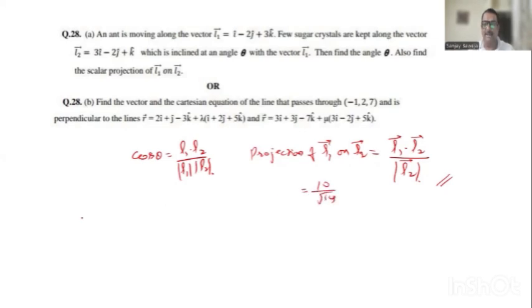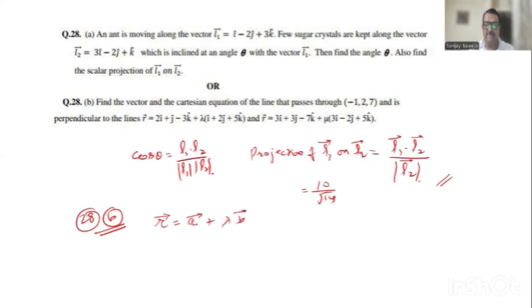Now part B, 28 part B is again a question based on competency. Vector and Cartesian equation: you have to find the line that passes through (-1, 2, 7) and is perpendicular to the lines given. Now, you know, the equation of a line in space is R equals A plus lambda B. This is the form of the equation.